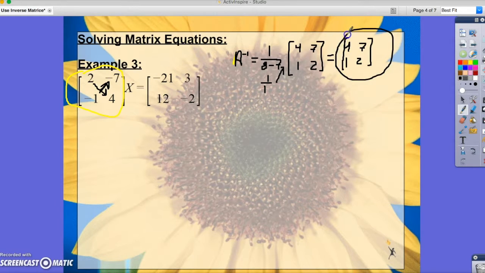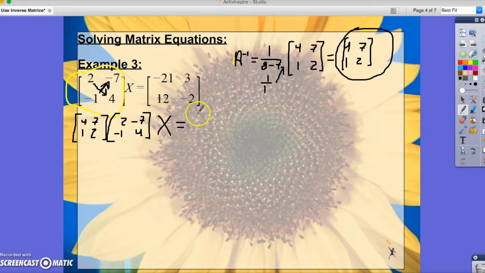So what I need to do from here is I'm going to multiply both sides to the left of each part. It matters actually if it's the left or right, but I'm going to multiply them by each side here. So watch. 4, 1, 7, and 2 is here. I'm going to rewrite the original. You write your x.